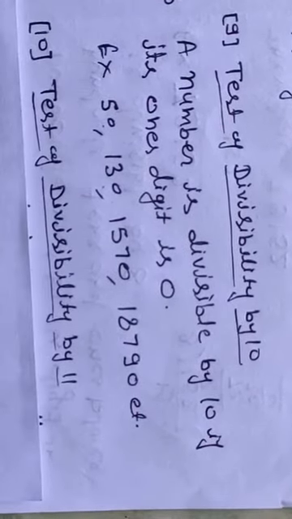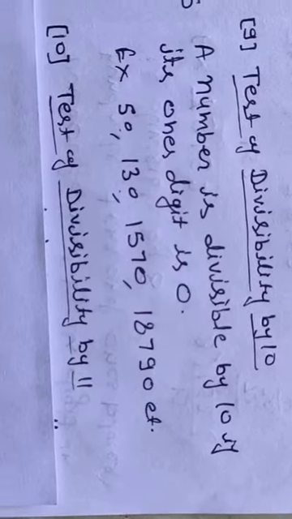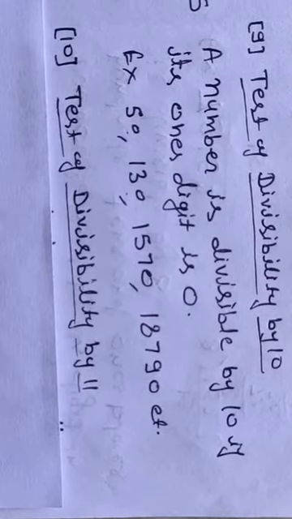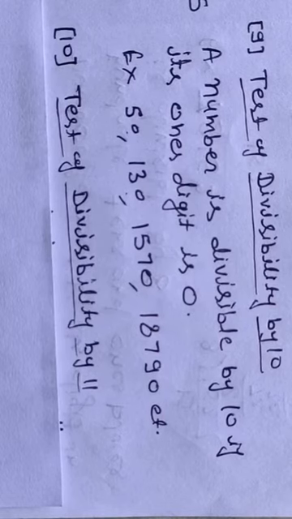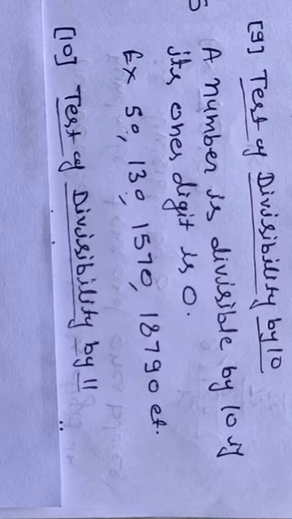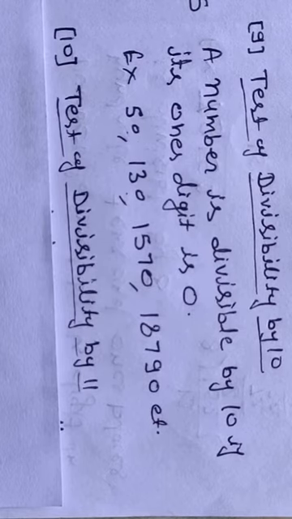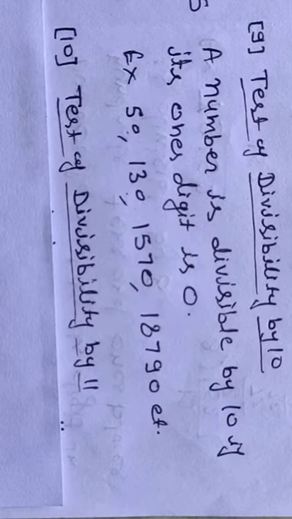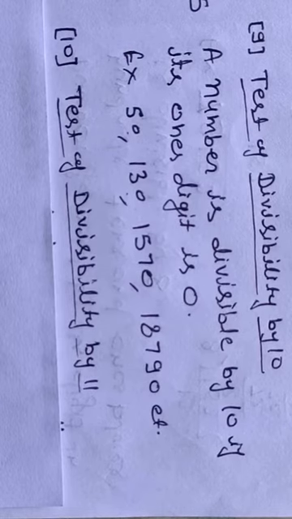Now the test of divisibility by 11. Important test. See this test carefully. How will you check whether a number is divisible by 11 or not? In this test, first we will find the sum of all digits in odd places. After that, we will find the sum of all digits in even places. Then we will find the difference between them.